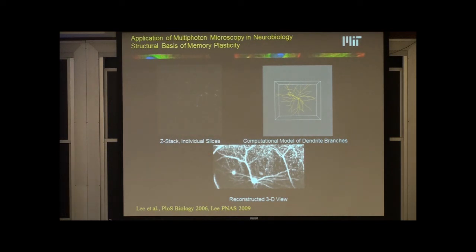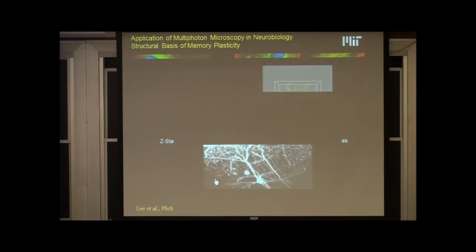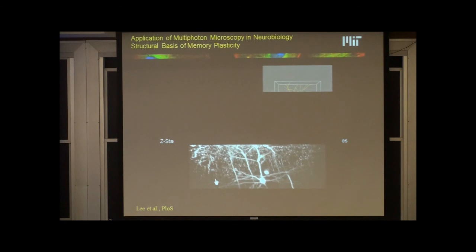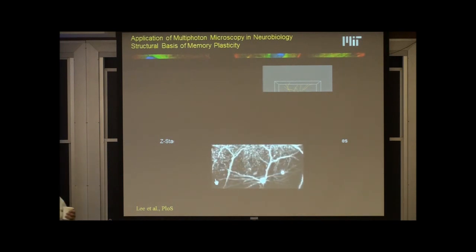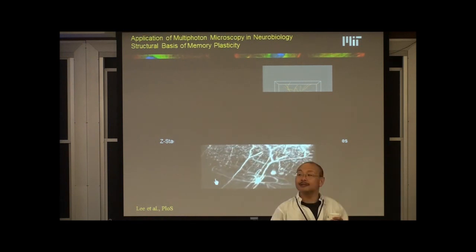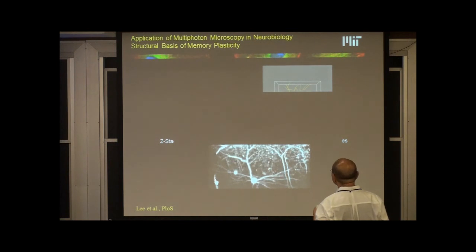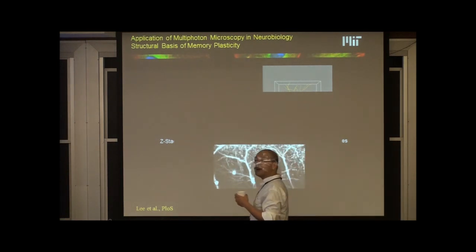And one of the things that we could do is we can look at the same neuron from the mouse over a period of time and track how does the neuronal structure change as a function of stimulus. We are interested in memory plasticity in the brain and asking how does stimuli affect the neuronal structure in 3D. As you can see, you can track the structure quite well.